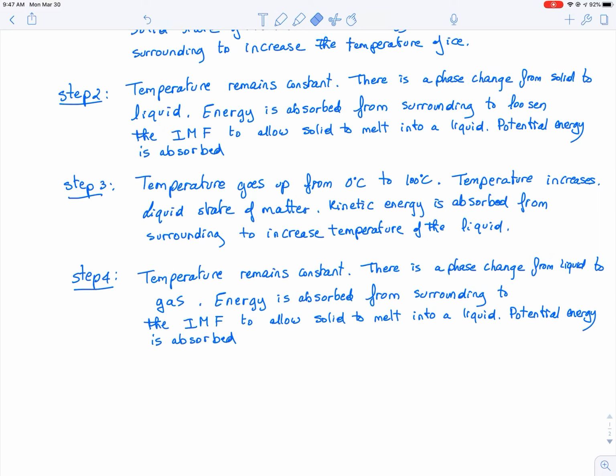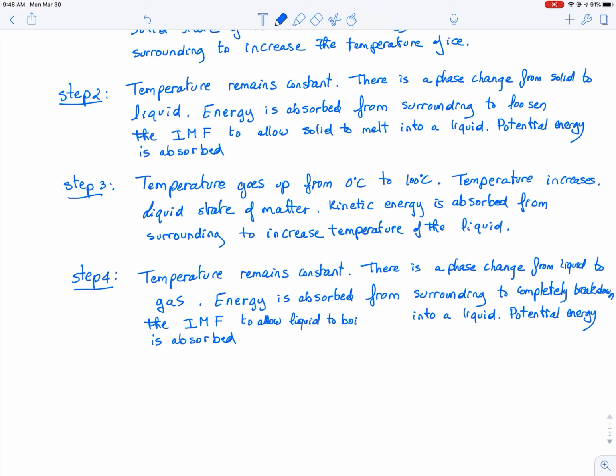So energy is absorbed from surrounding to completely break down the intermolecular forces to allow, what now? To allow a liquid to boil into a gas.